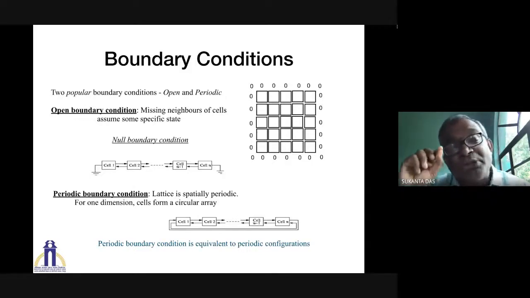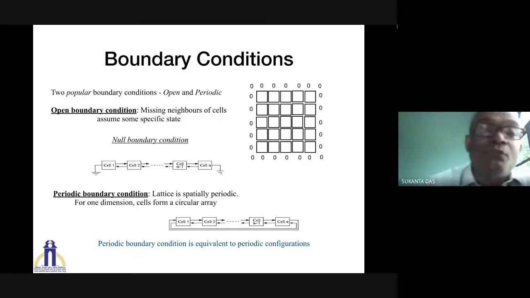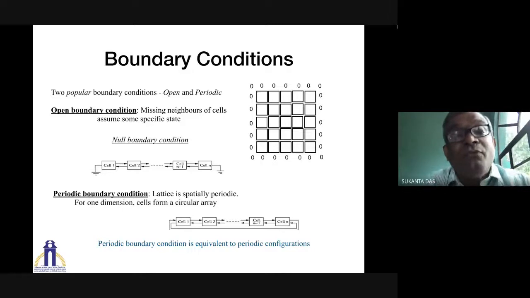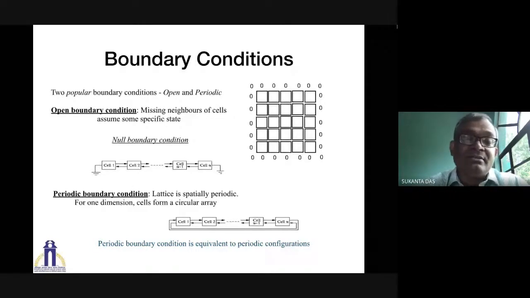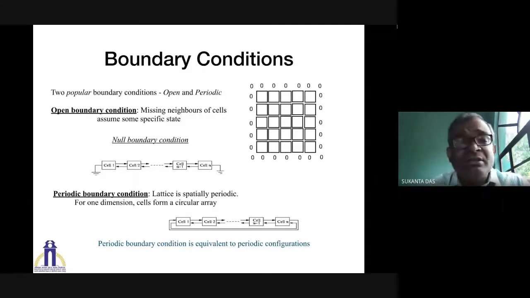So actually, this periodic boundary condition is equivalent to periodic configurations. If we want to deal with periodic configurations, we need not consider an infinite lattice. We can work with a finite lattice, assume periodic boundary condition, and evolve the CA over that finite lattice.